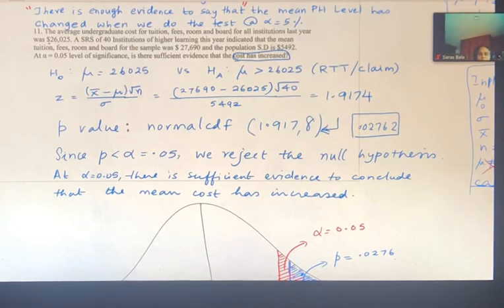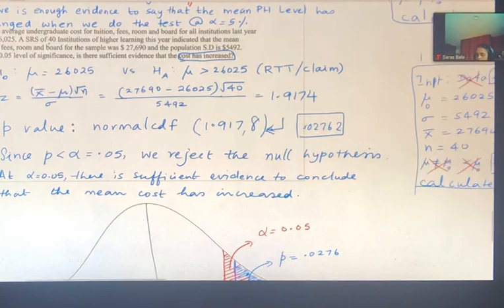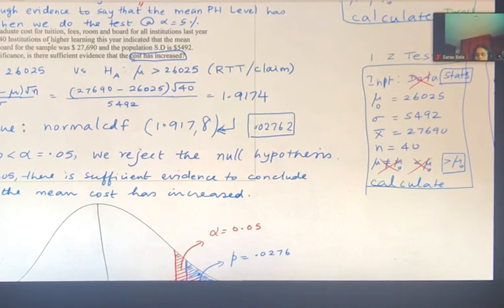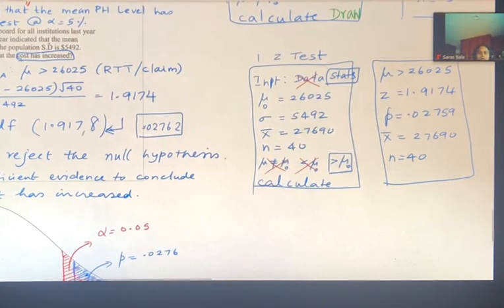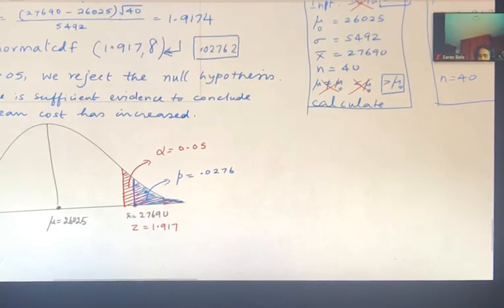So the sample mean is 27,690, and that sample mean is going to be deviated from the center about 1.9174 standard deviations above the center, because it is my right test. Okay. And my p-value is going to be smaller than my alpha.